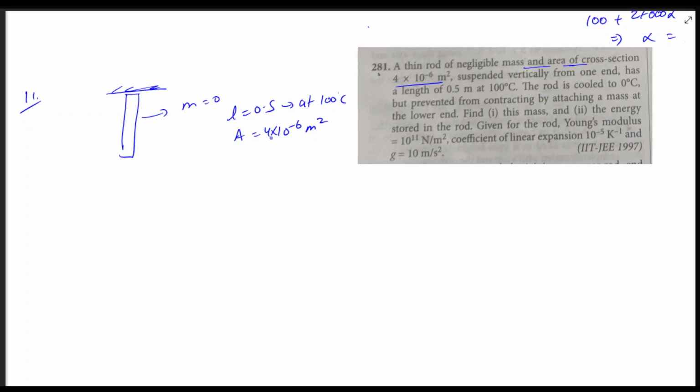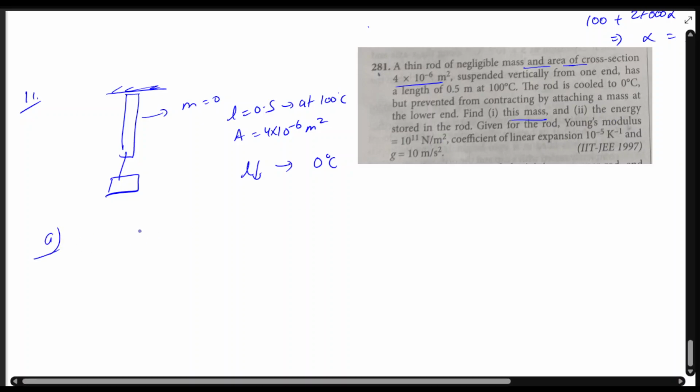The rod is cooled, so the length would contract, but the contraction is prevented by attaching a mass. So we have attached a mass here, so it will not contract.